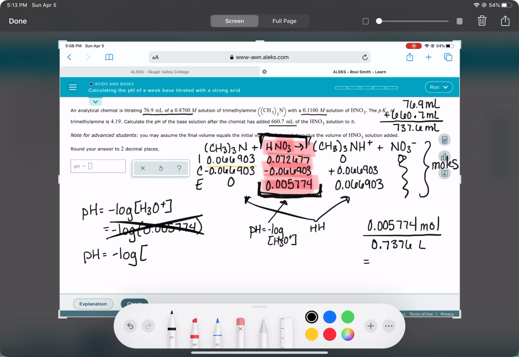The concentration, the molarity, is 0.007828. So the pH of this solution will be 2.11.